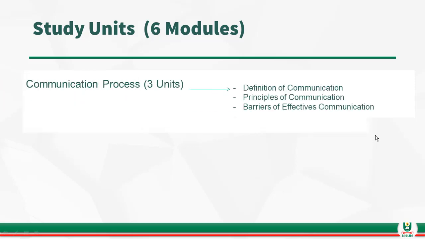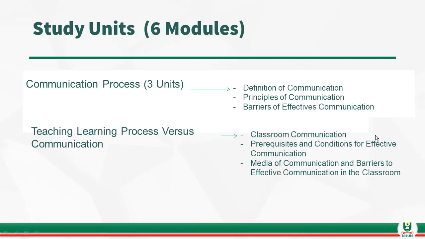So the next one is communication process. There is another module that has 3 units: definition of communication, principles of communication, barriers of effective communication, and then the next one will be teaching learning process versus communication. So this is where the classroom comes in.